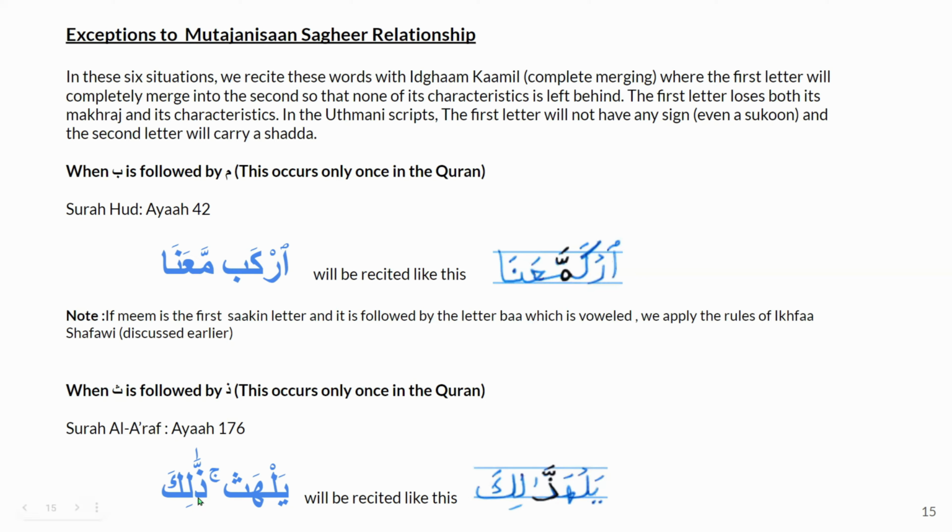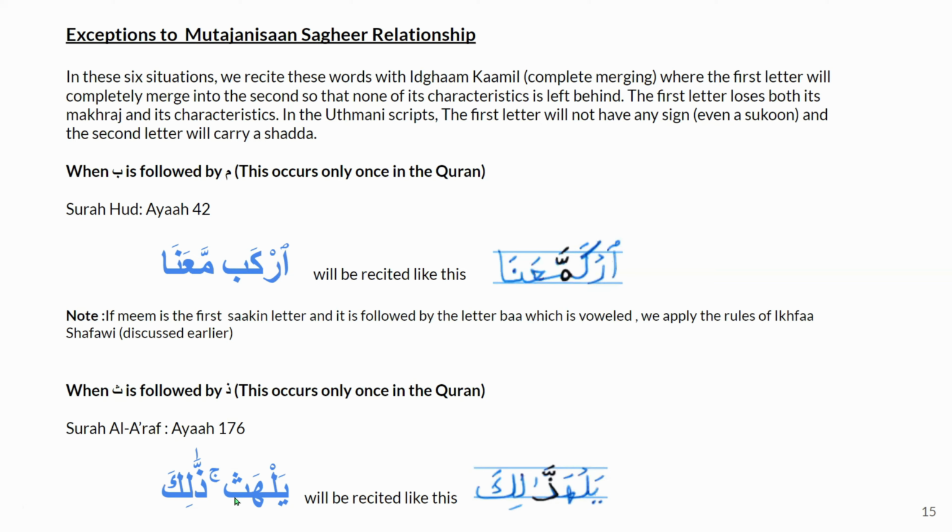If we choose to continue our recitation and we do not stop at the first word, in that case, when two letters are meeting together, since they are mutajaanisaan letters, they appear in a saghir relationship. We apply the rule of idgham kamil. We will directly go to letter zal, and we will not recite letter tha. We will not do idhar of letter tha in case of continuation.